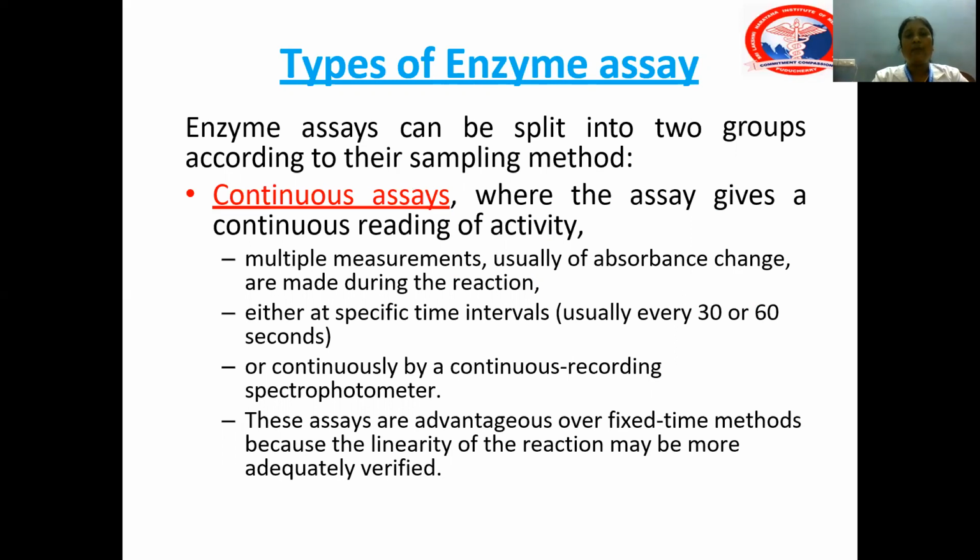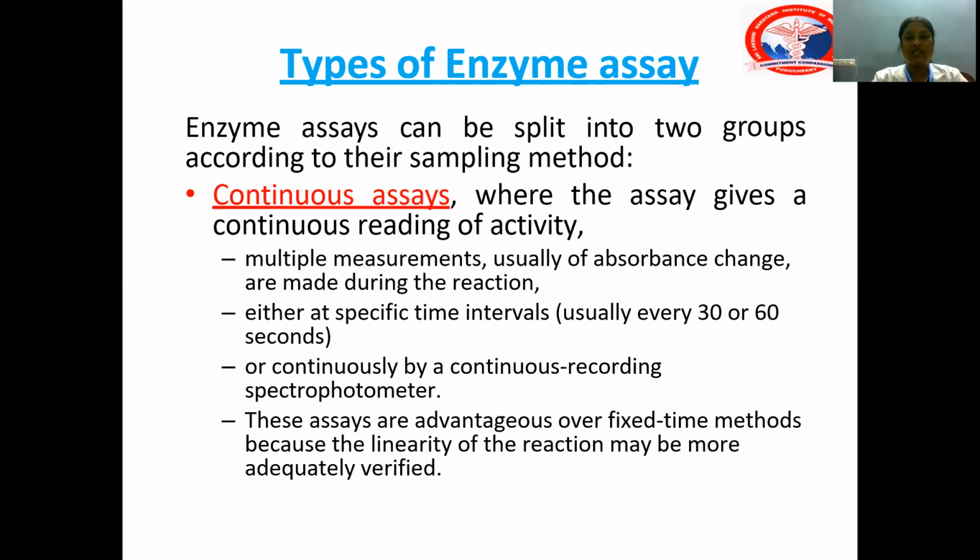So we need to make multiple measurements, usually of absorbance, during the reaction. That is, we are measuring the change in absorbance at multiple time intervals during the reaction time. Either it will be measured at fixed time intervals, usually 30 or 60 seconds, or it can be measured continuously by continual reading spectrophotometry.